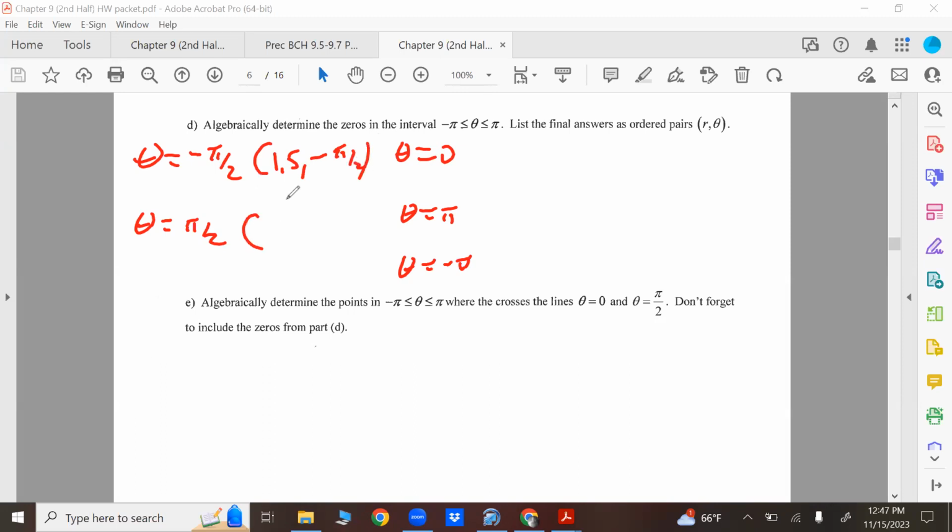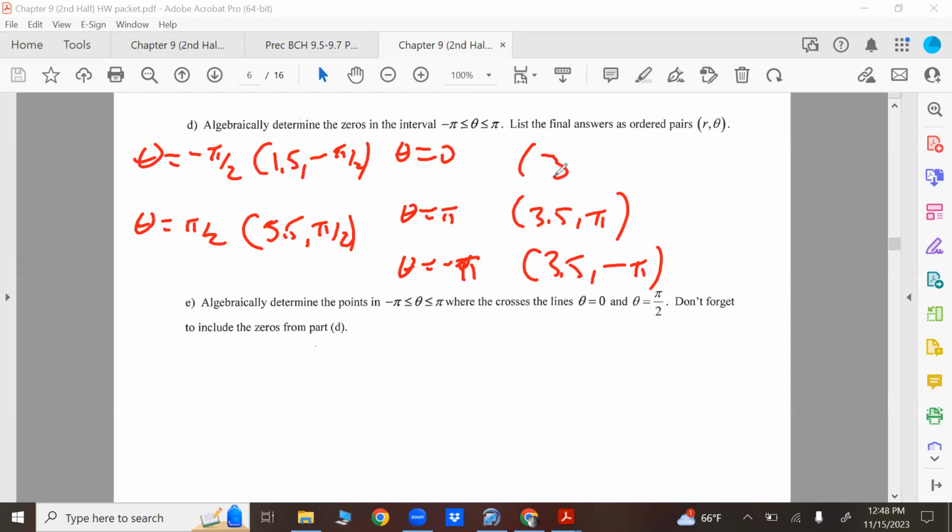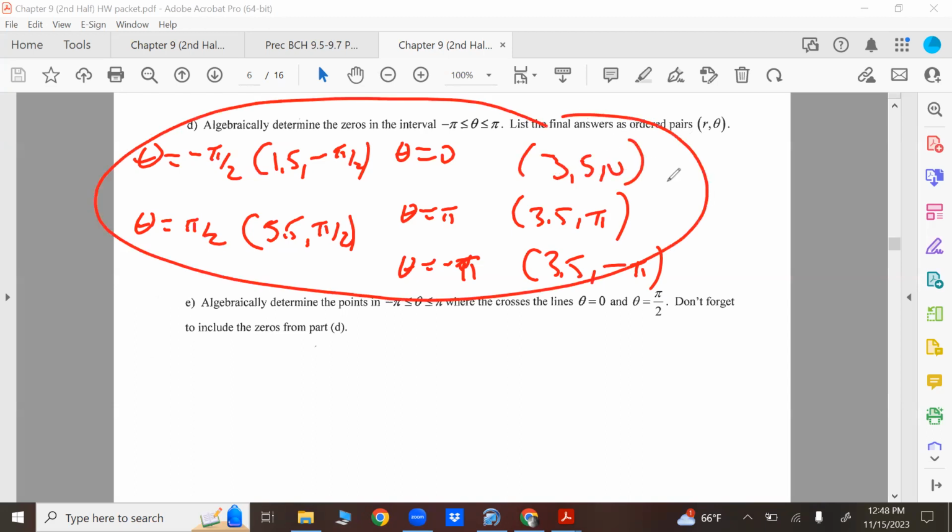I kind of already did this, but I'll do it again. Usually those are kind of significant points, like the boundaries for each quadrant. That's negative pi. So that's going to be 3.5, negative pi. And 0 should be 3.5 comma 0. And that's all for this down here.